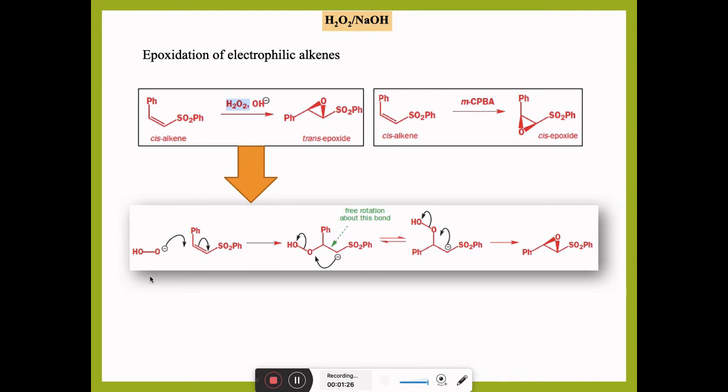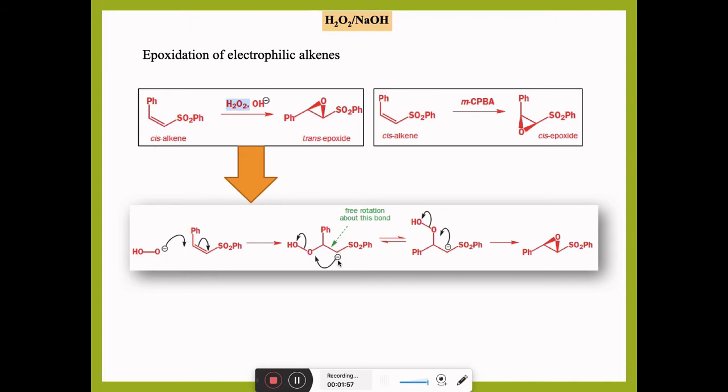Now in this case, if we look at the mechanism, in presence of OH-, this peroxide will be in the form of O negative, so it is nucleophilic in nature, and it will attack the electrophilic carbon and open up in this way.